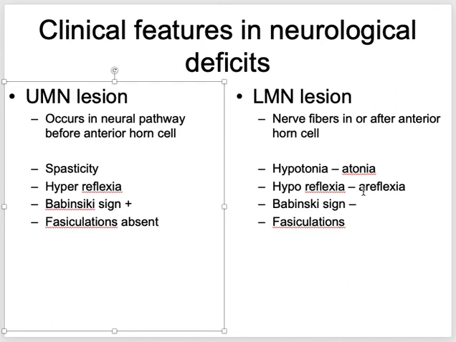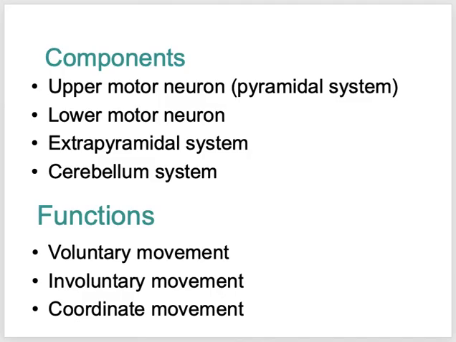Now, when we are studying the descending tracts, I will explain that here. See, the components are upper motor neuron, which is the pyramidal system, lower motor neuron, extrapyramidal system, and cerebellum system. And what are the functions of these? Voluntary movements and coordinated movements.